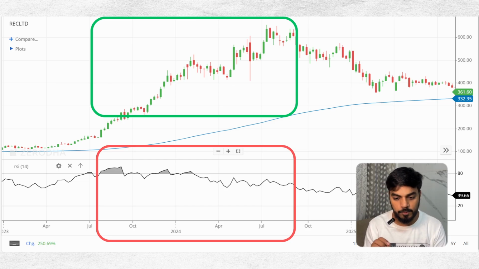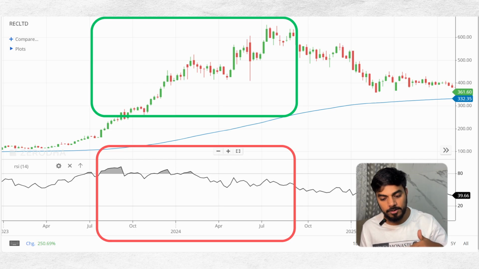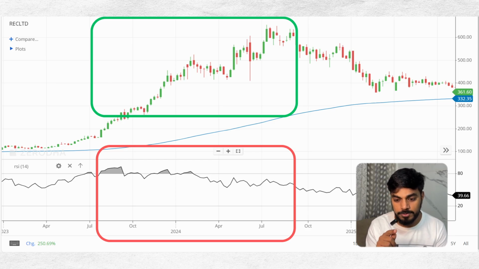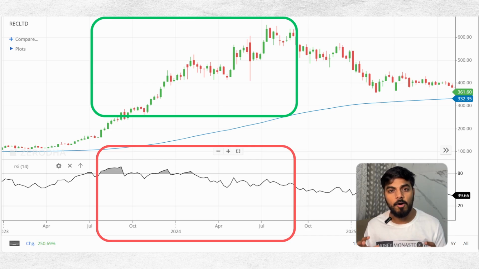If you see here, based on this time span, the price was bound to decline, and if you would have exited the stock around the July time frame, which was the peak of the price, when the RSI was making lower lows, then you would have saved your capital, because from 600 levels it went down to 400 levels. So almost a decline of 50% you could have avoided using this strategy, and this is applicable for daily and weekly charts and both for short term and long term trades.